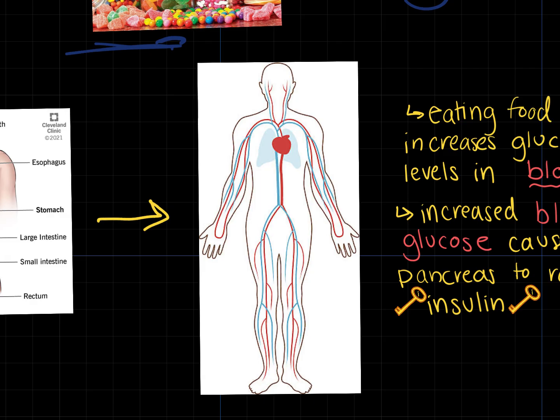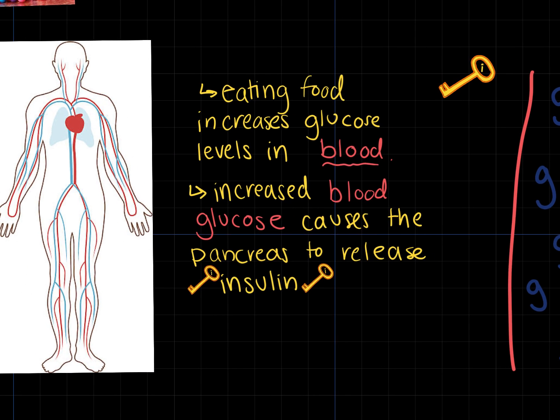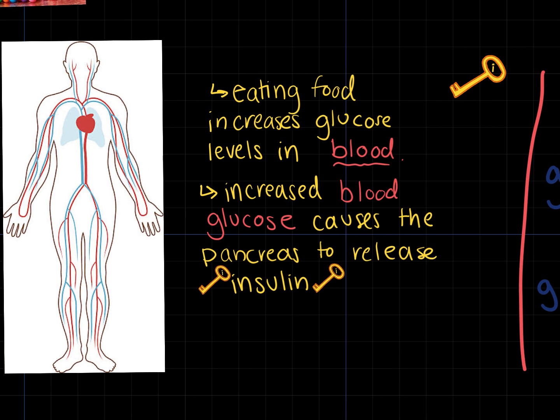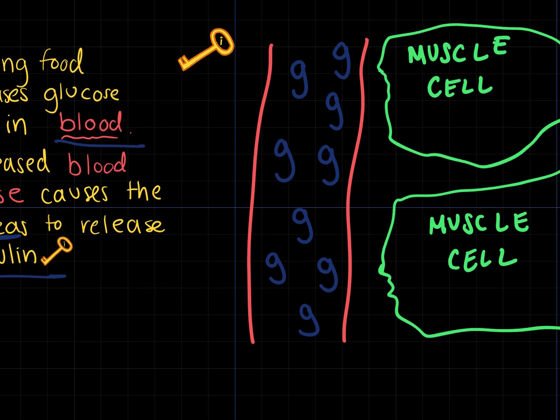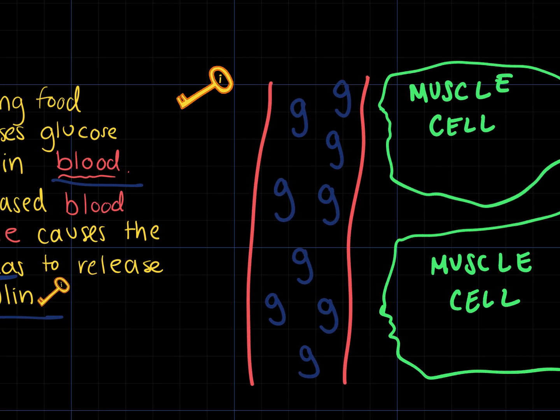That's why we're saying our blood glucose has increased. We're talking about the amount of glucose that's in our blood. So eating food increases glucose levels in our blood, and increased blood glucose levels cause the pancreas, which is an organ, to release insulin.